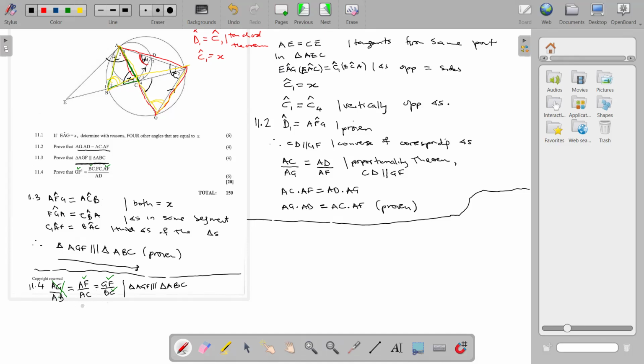AC multiplies GF, then AF multiplies BC.